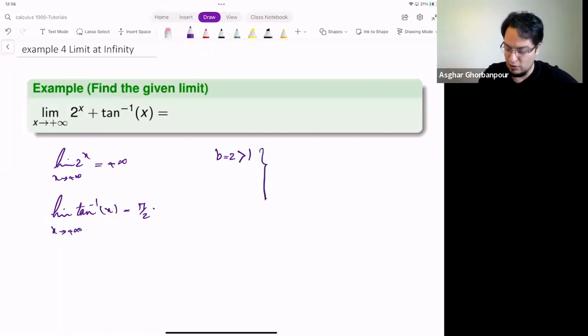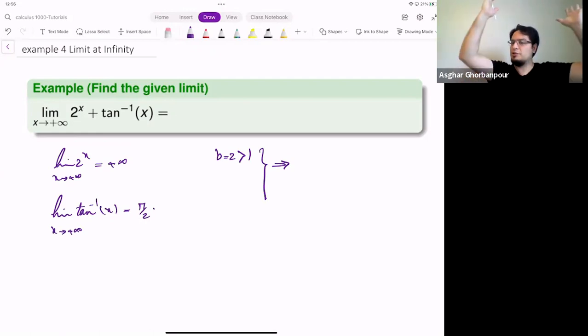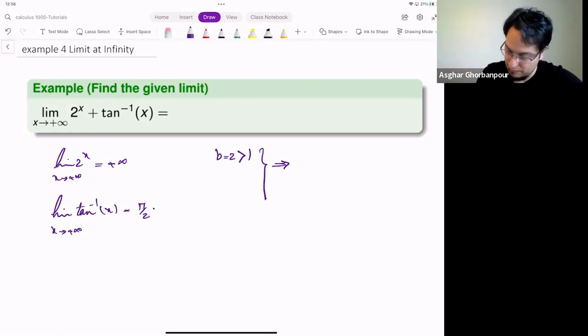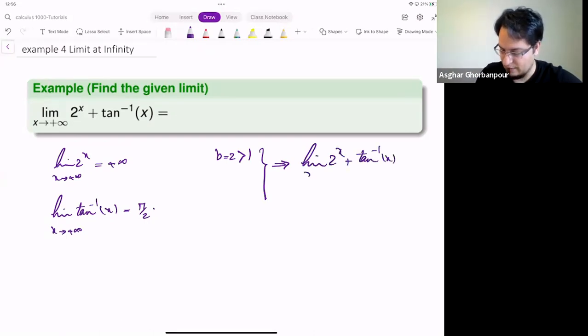This is not limit laws. This is just an argument: if this number is growing high and this number is something around pi over 2, and you add them, it's still growing very fast. So the limit of 2 to the power x plus tan inverse of x as x goes to plus infinity is infinity.